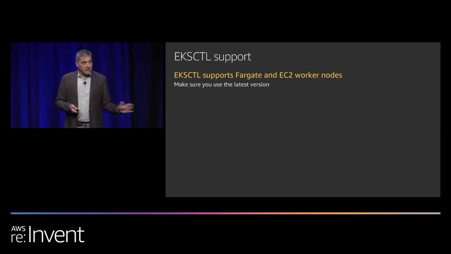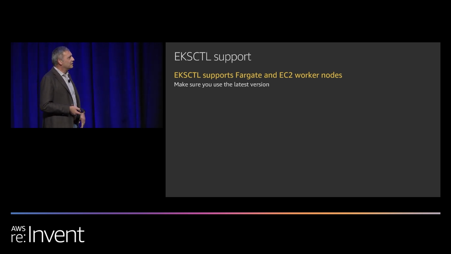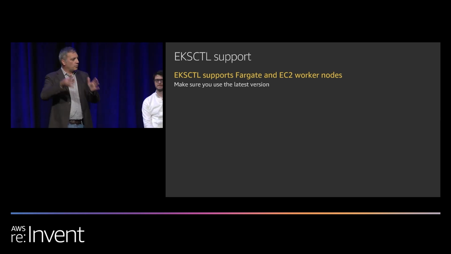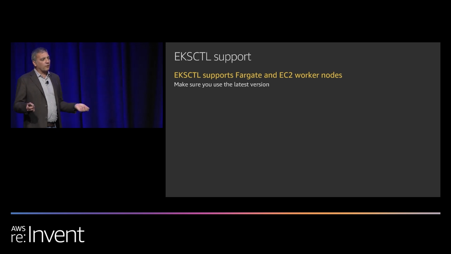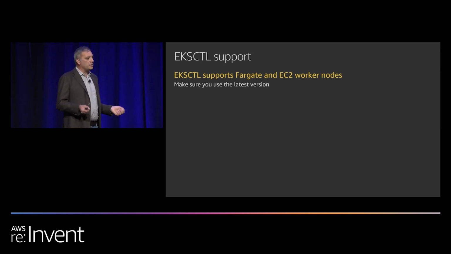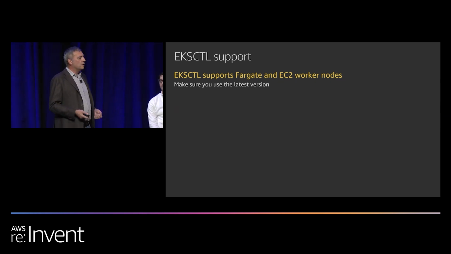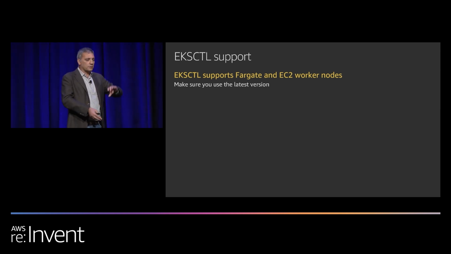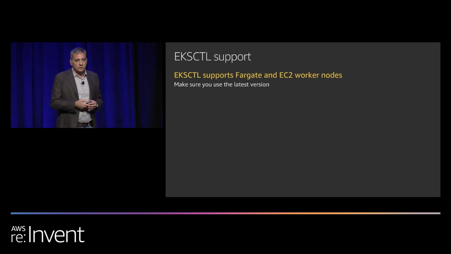So as of yesterday, 11 a.m., we have a new version of EKS CTL that supports Fargate, right? So you could use EKS CTL to deploy a cluster that supports Fargate. What does support Fargate mean in this case? It only means that EKS CTL will deploy a cluster just like it normally does, and it will create some default profile for you, because otherwise you would need to create the cluster and go and create your Fargate profile. EKS CTL will do that for you.